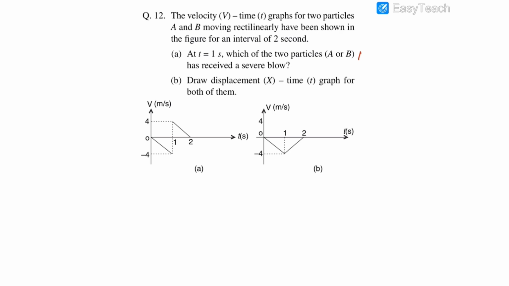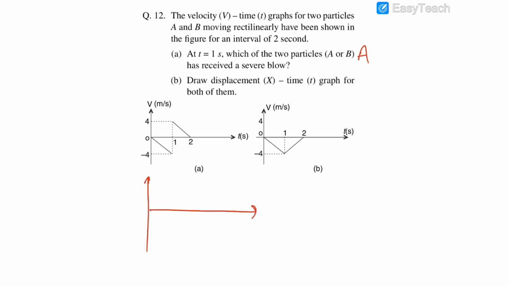And if we check option B, you can see that velocity is moreover the same, but acceleration has changed suddenly, which means that the force acting on the particle has changed its direction. So this is not an impulse, and obviously then we can say that particle A has received a severe impulse at 1 second. Now we have to plot the displacement-time graph of these two particles.